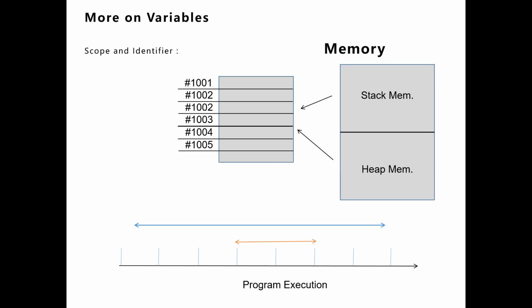So when you know that a variable is to be used for some particular time, you declare it as local. By doing this, we enhance the program execution.